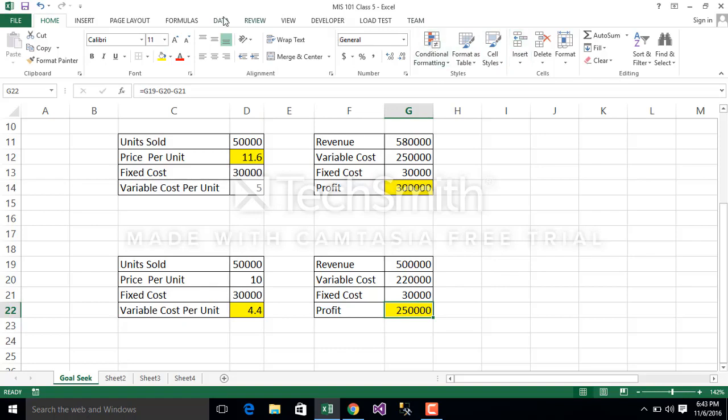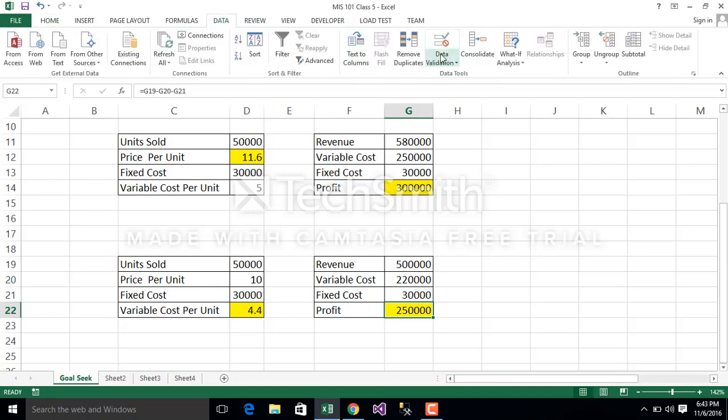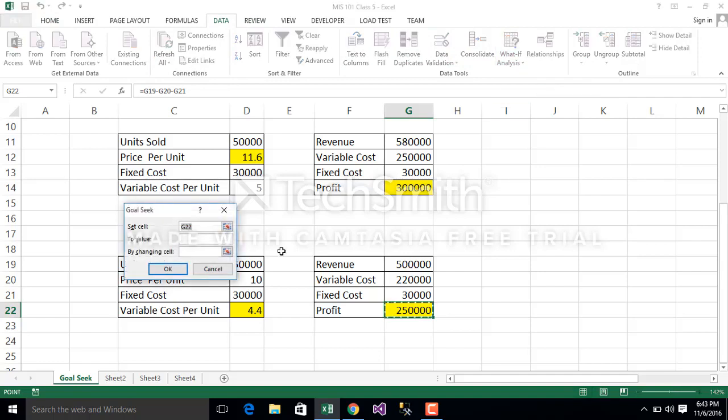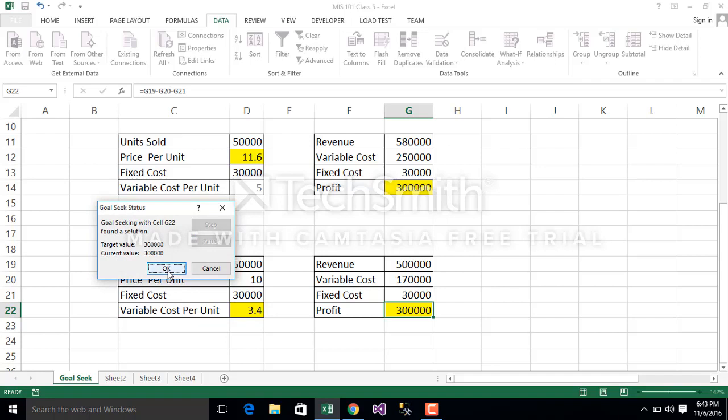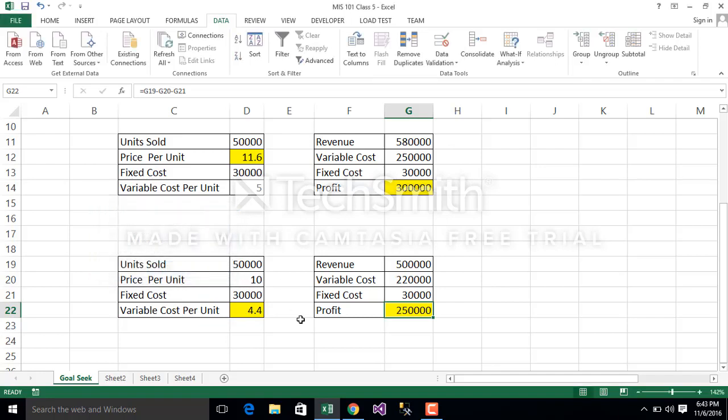So in every problem, just use the same number. What if 3 lakhs by changing variable cost?